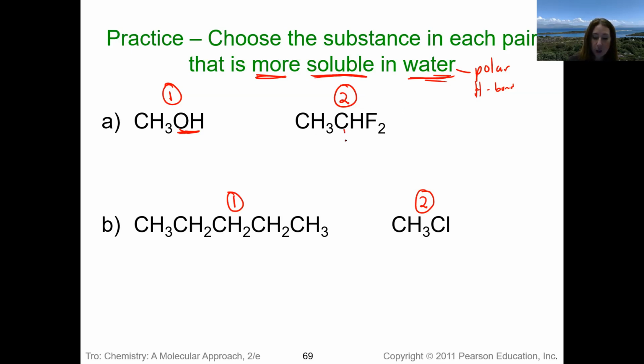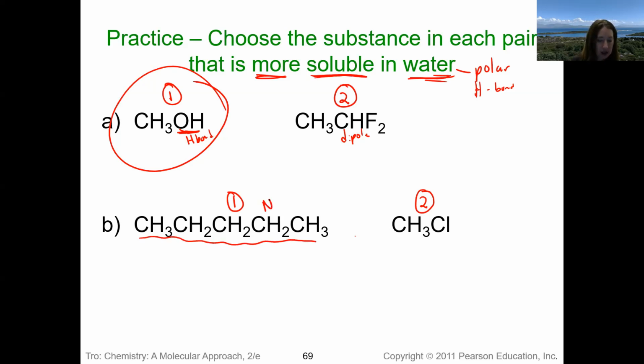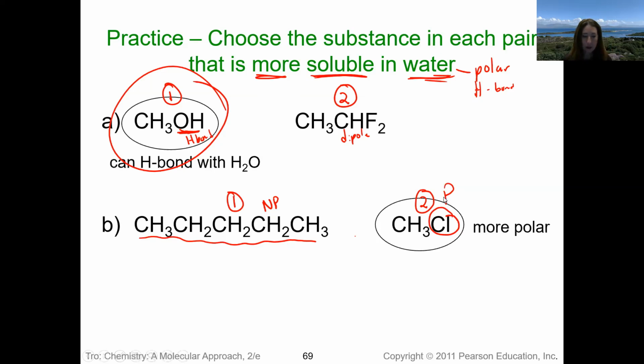So yes, this is polar, so this is going to be dipole, but this is hydrogen bonding. So this one will be more soluble in water. And now our next one, again, all we see are C's and H's, non-polar. Oh, there's a Cl, that's going to make it polar. So the more polar it is, the more soluble it is in water.